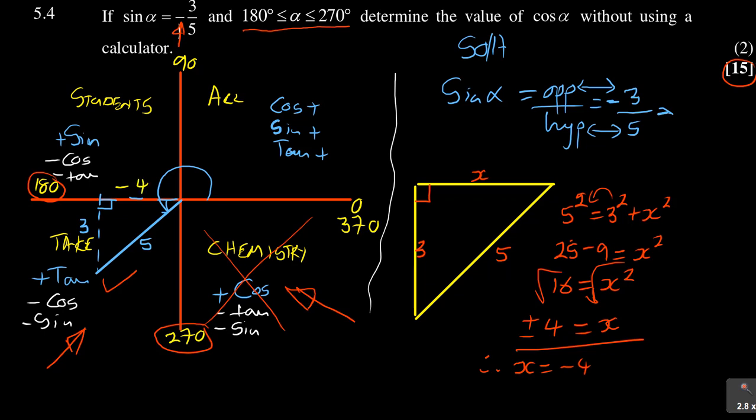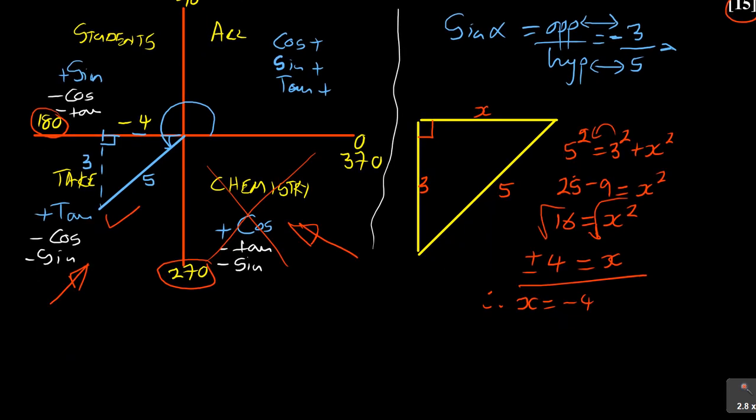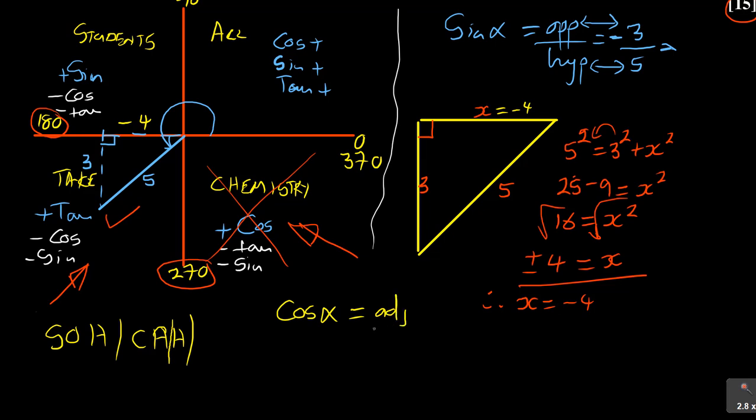So if they are asking you cos alpha, now x is equal to negative 4. Let me just do this again. We have SOH, and then we have CAH. That's your CAH, with cos meaning adjacent over hypotenuse.